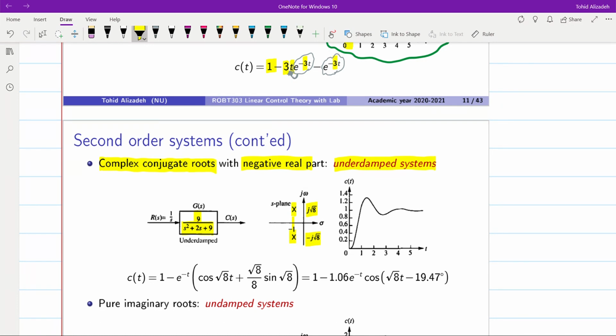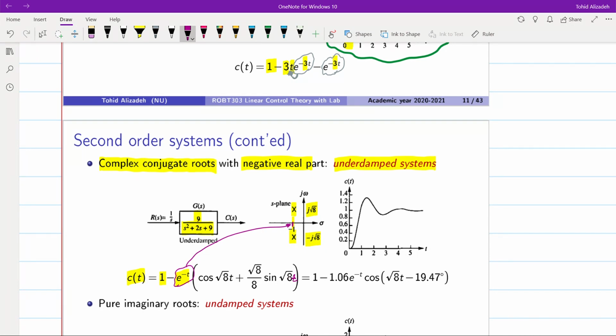In this case, the general form for the step response is 1 minus e to the power of minus t, where the coefficient for t in the exponential term comes from the real value, minus 1, times a cosine term plus a coefficient times a sine term, times t.